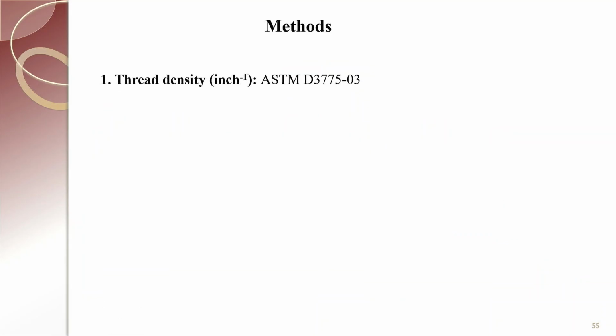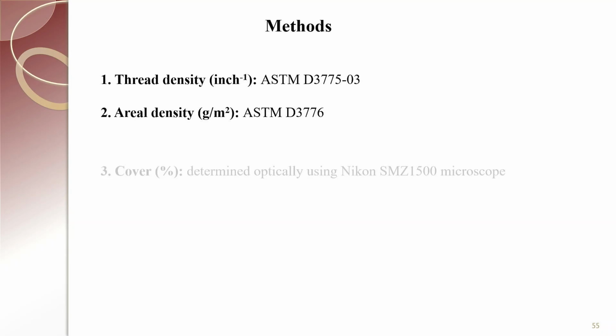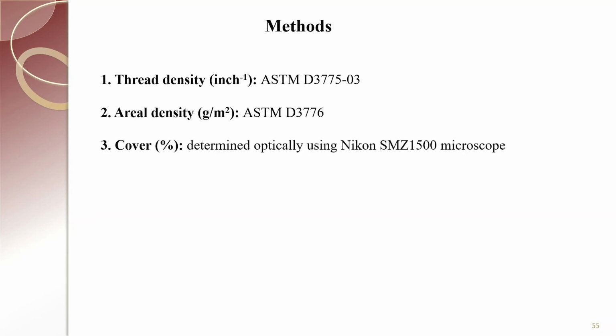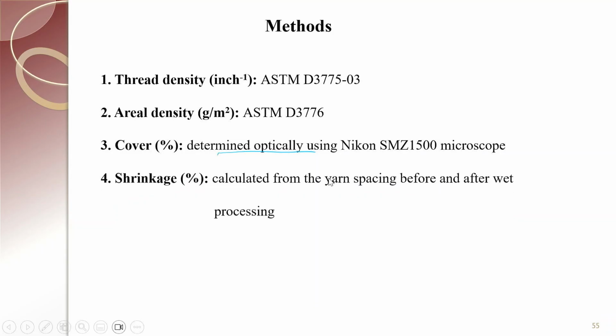Thread density was measured as per the ASTM standard, areal density was measured, and cover factors. Optically we have measured the percent cover by microscope, and shrinkage percent was calculated based on the percent yarn spacing before and after wet processing.